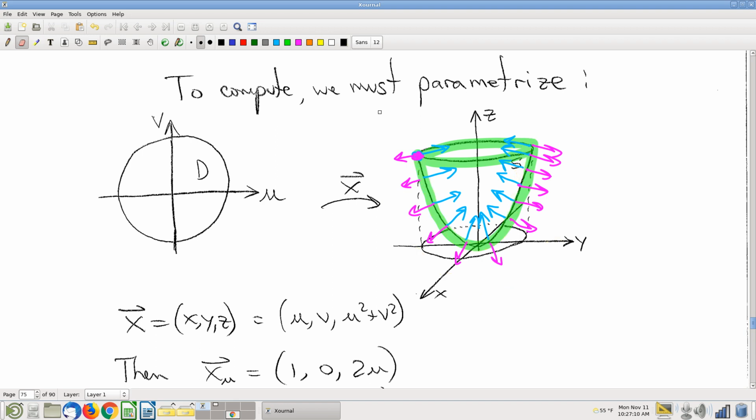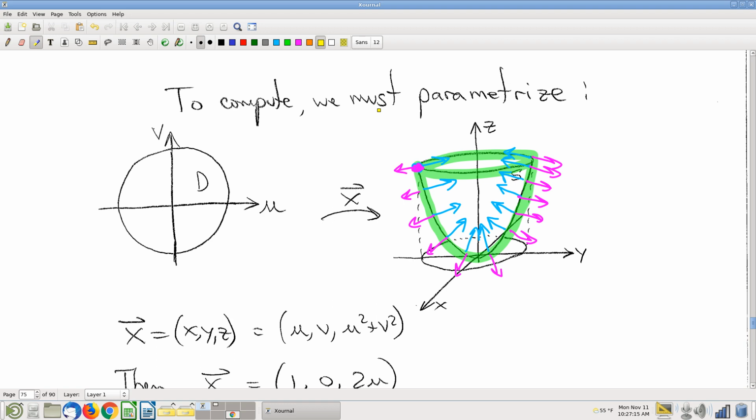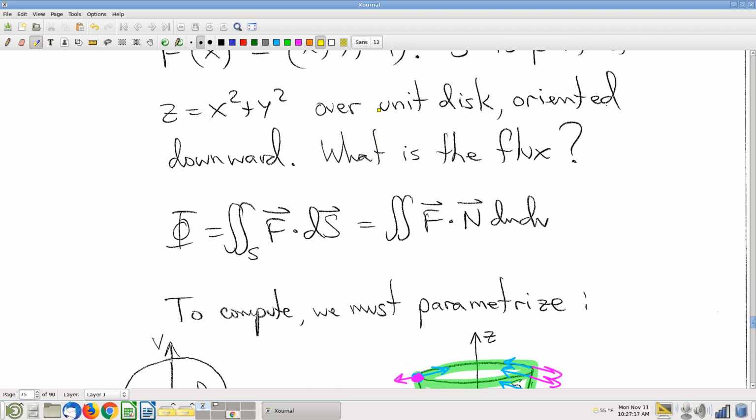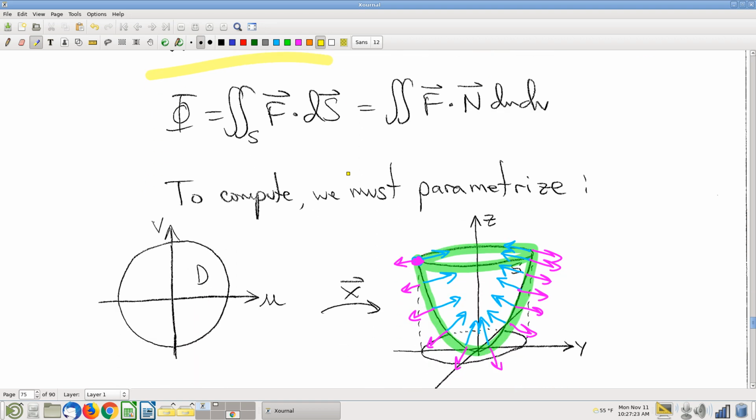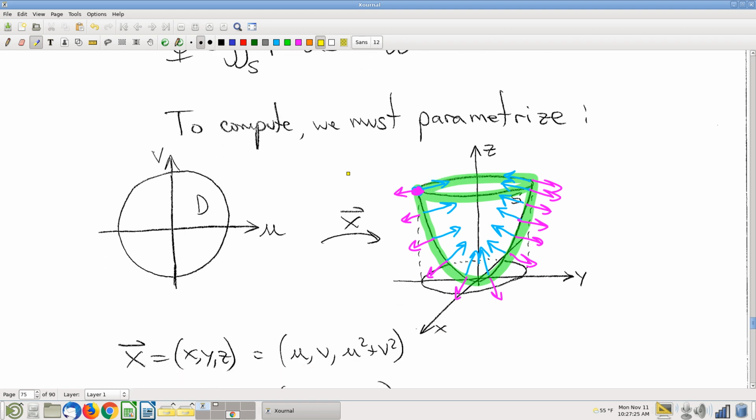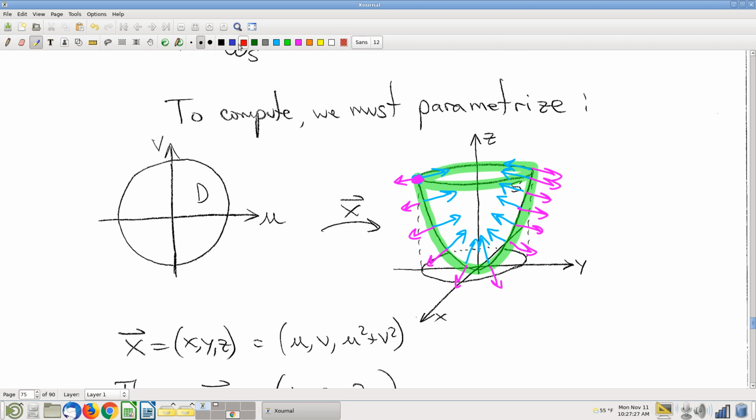So that's an example of what we're saying when we make a sloppy statement like this. When we say oriented downward, it's not exactly downward. A very common mistake for students to make, and this is just dramatically nonsense, is to think, oh, he said downward, therefore the orientation vectors are all pointing straight down. Well, that isn't an orientation.